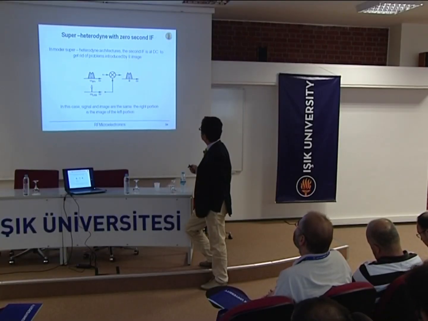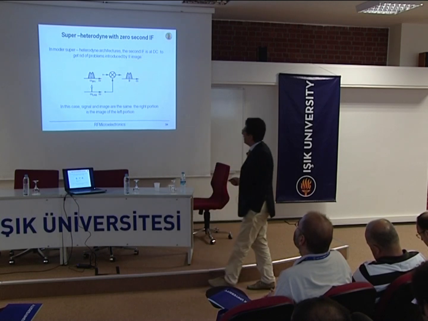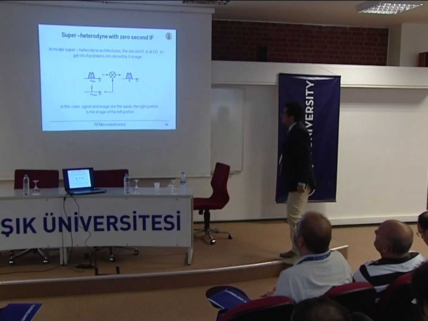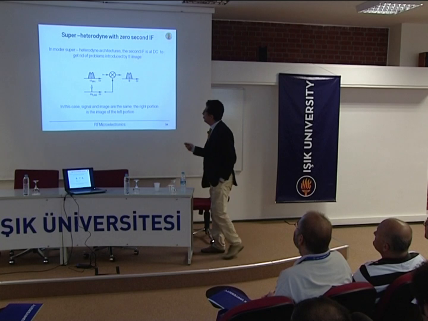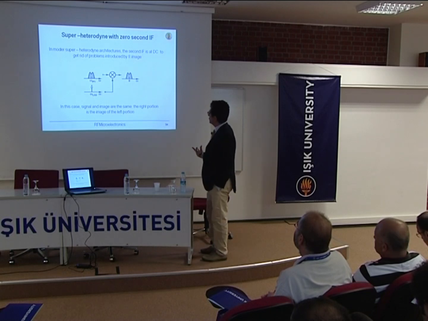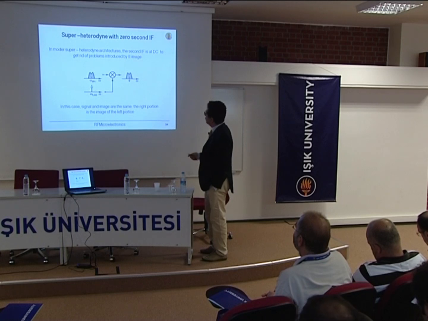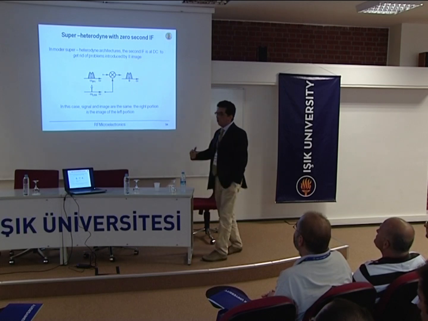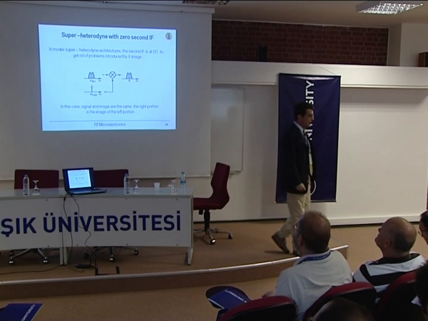And the question can be, once I'm at IF, how can I go to baseband? What are the options? Because at some point I need to process the signal at baseband and give it to the digital processor. So in modern superheterodyne architecture, I have a first IF where I do all that I've been saying now.